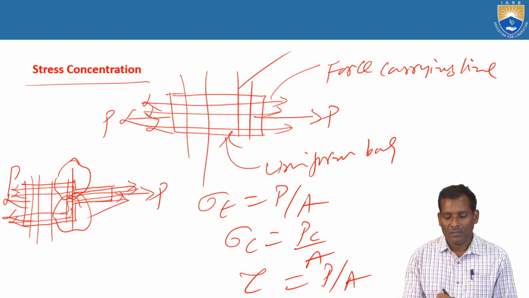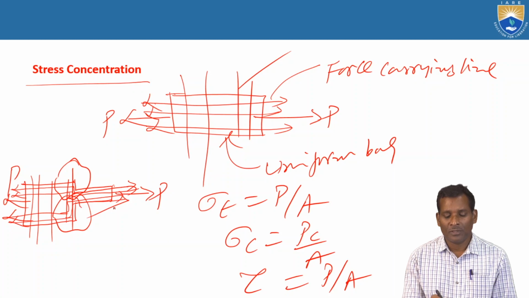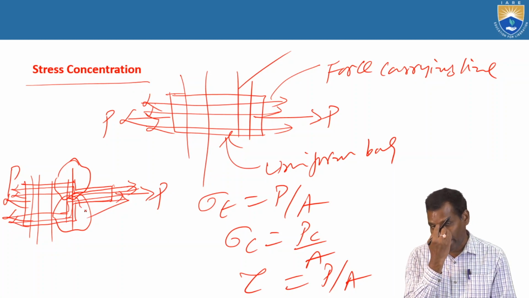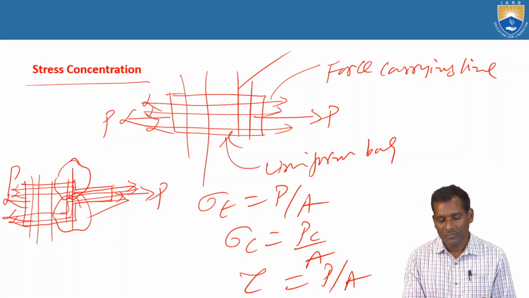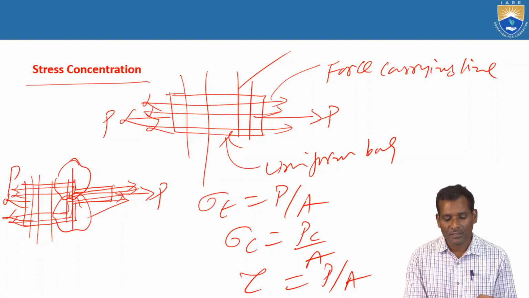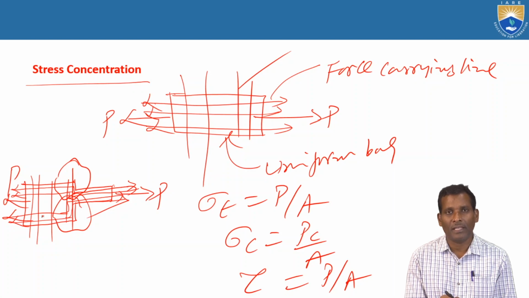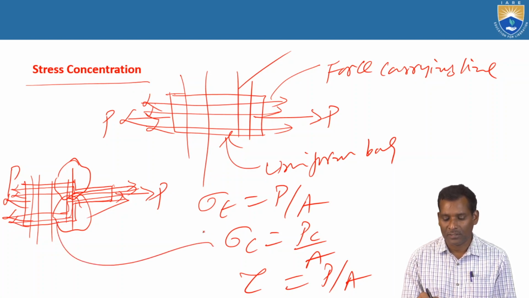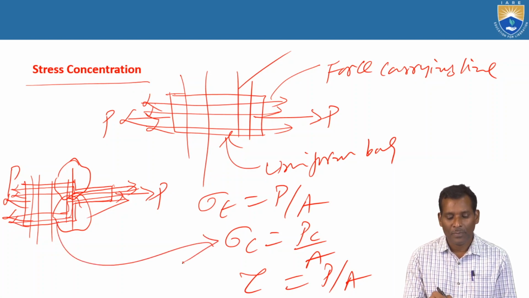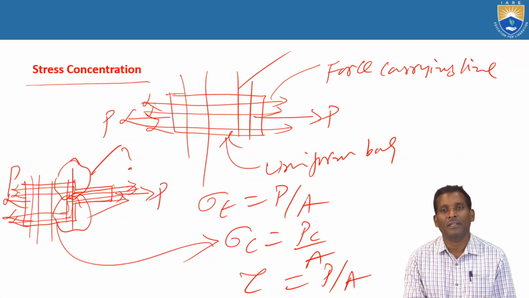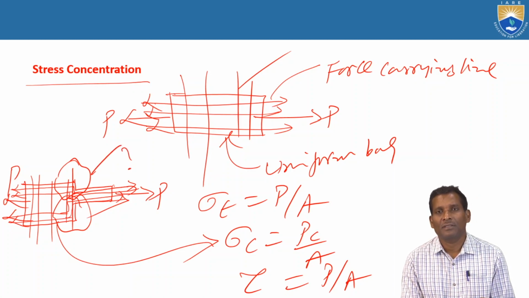So we should take stress concentration factors. Up to here is a uniform cross section, so you may calculate the stress values using these elementary equations. But at this region, how do you calculate stress?